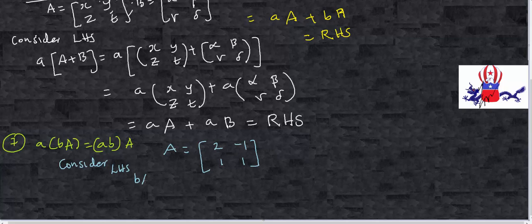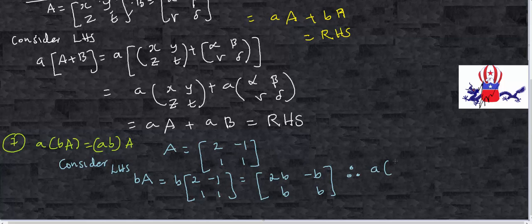We have to multiply the matrix A with a scalar quantity, a constant called B. That would give us B times the matrix 2, -1, 1, 1, which can be rewritten as 2B, negative B, B, B. Now if I multiply this quantity, B times A, with another scalar, A, the result would be A being multiplied with the outcome of B times A, which is 2B, negative B, B and B.